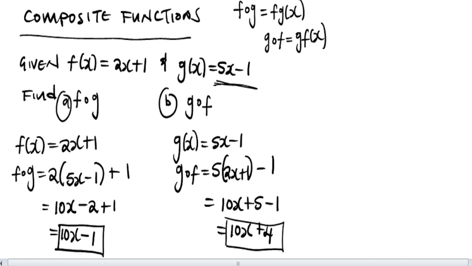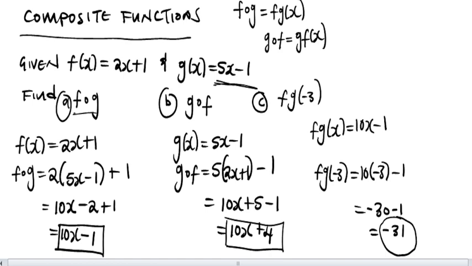So f of g of negative 3 is negative 31. So that is basically how you can go about such a question. It's very important.